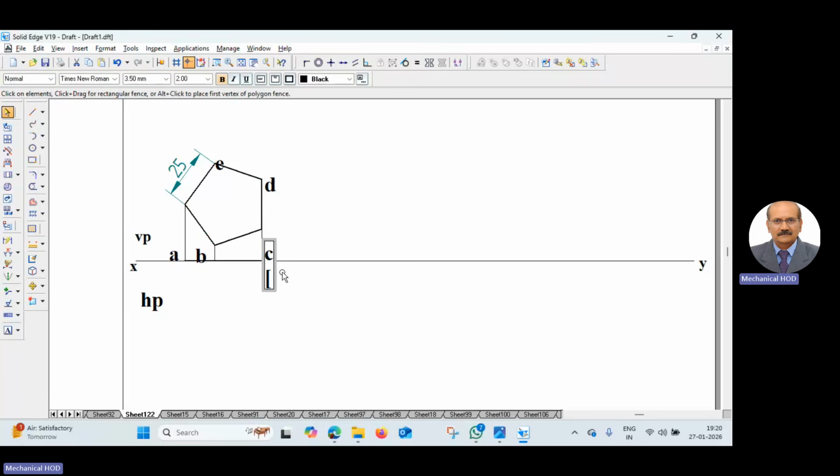C within the bracket D, because it is not visible. Here also we have B within the bracket E. We'll use the smaller letters because it's occupying more space.